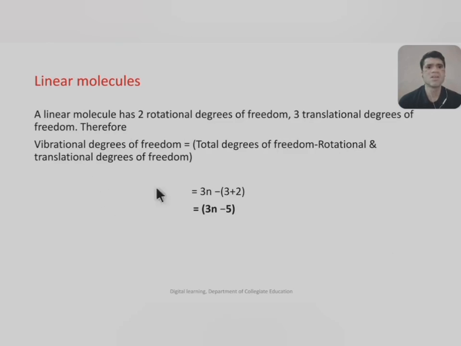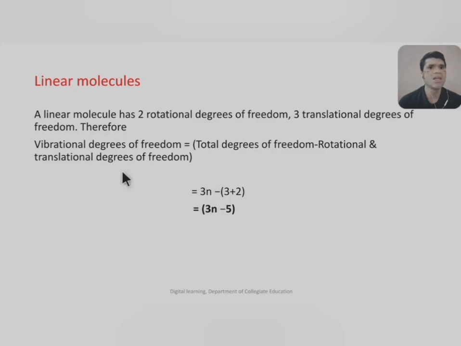So let us see some examples. For linear molecules, the total number of degrees of freedom is given by 3n minus 5. Here 3n is the total degrees of freedom, which contains vibrational, rotational, and translational degrees of freedom.